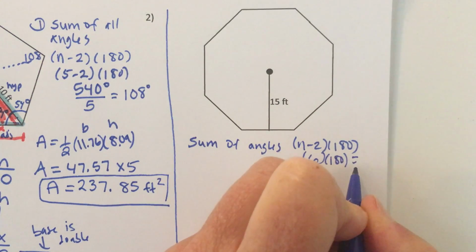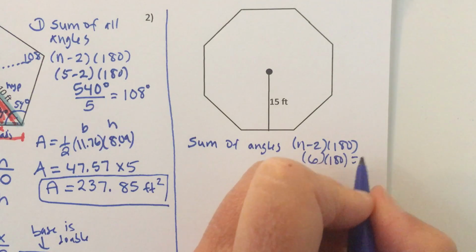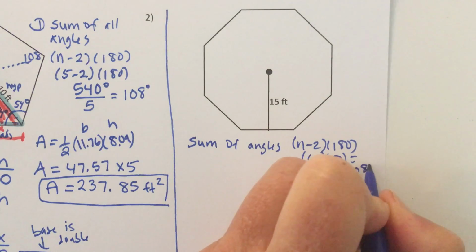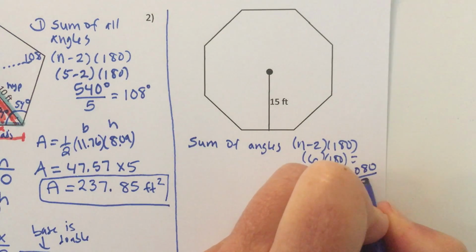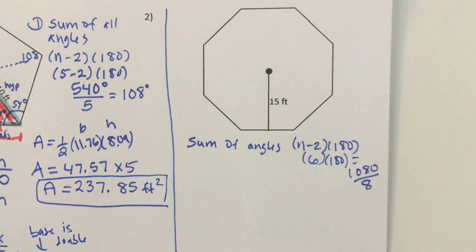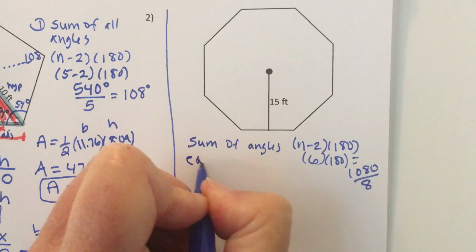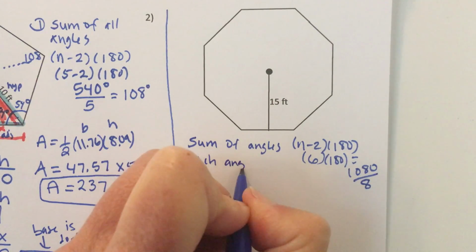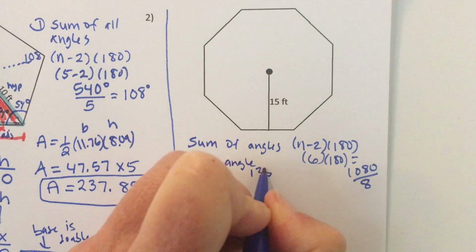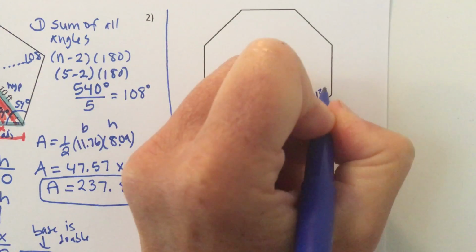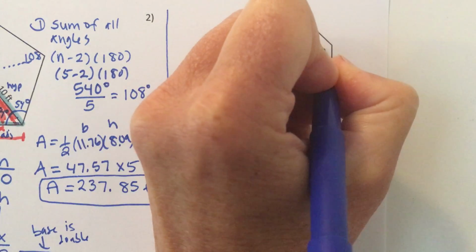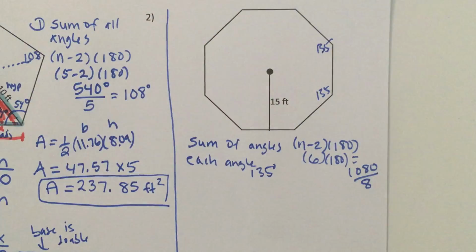So the sum of all of the angles is 1080. You're going to divide that by 8 because you need to find each angle. So each angle is 135 degrees. That means this one's 135, this one's 135, etc.